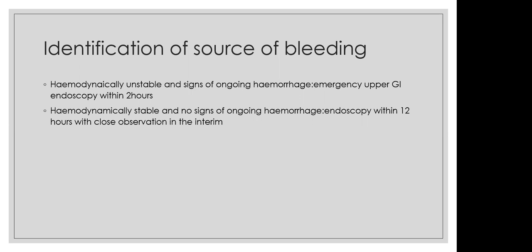Patients who are stable, with no signs of ongoing hemorrhage, you can do the endoscopy within 12 hours while closely observing the patient. Some texts even say up to 24 hours, but it depends on the clinical status of the patient.